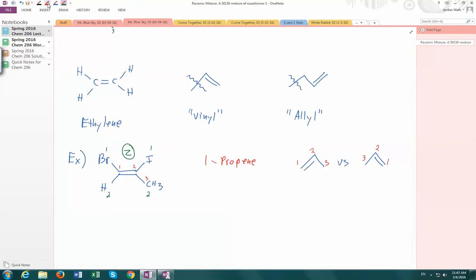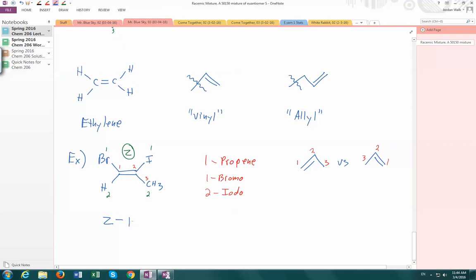All right, so our substituents now, we've got a 1-bromo, and we have a 2-iodo. And so if we want to name this thing, we put all the stereochemistry information up front. So we've got the letter Z, so we'd say we've got Z. I'm sorry, it's 2, yeah, no, that's good.